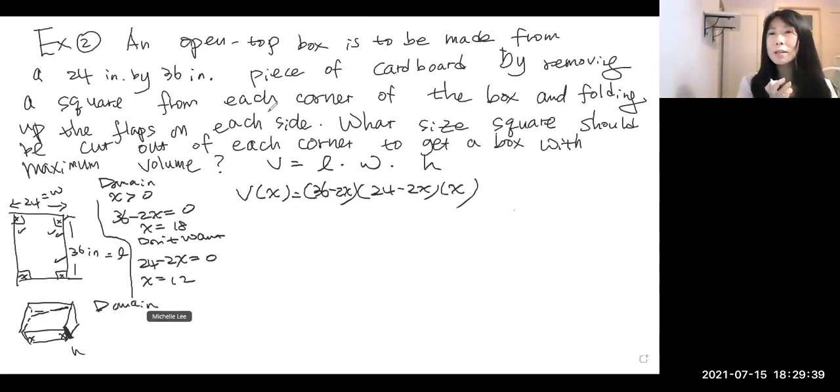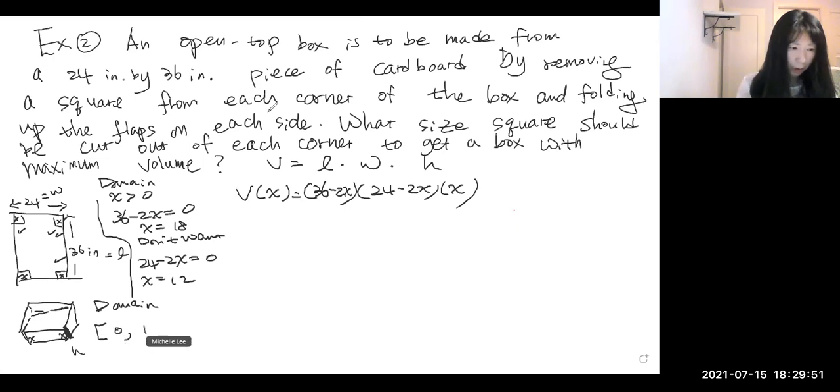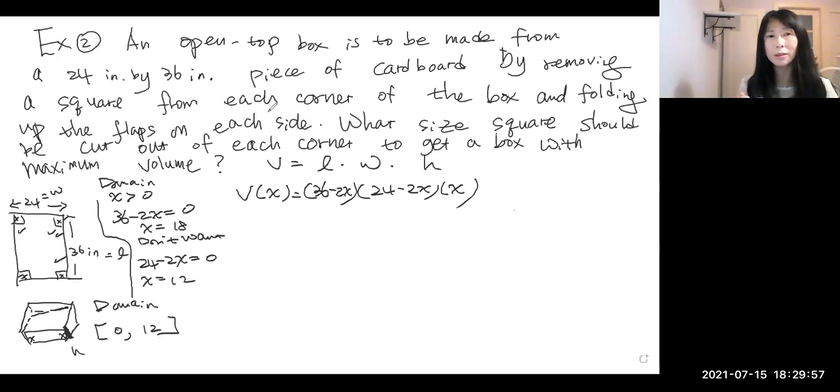And then, as I said before, like the extreme value theorem, we have to have a closed, bounded interval. So we're going to make it closed with these numbers. Now we're going to find the critical points. Then we substitute and then we evaluate, right?